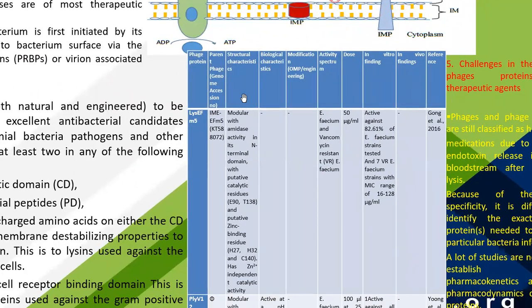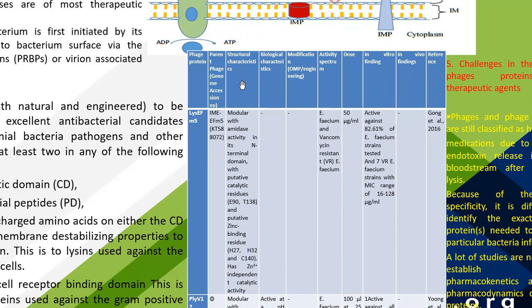As you can see, this is a table example that summarizes the phage proteins that have been discovered and described. I presented one example here, lysin EFM5, whose parent phage is derived from IME-EF5M, and you can find the accession number KT588072.